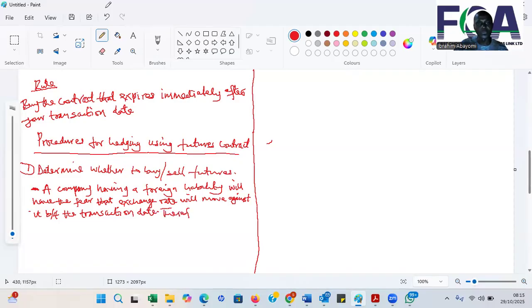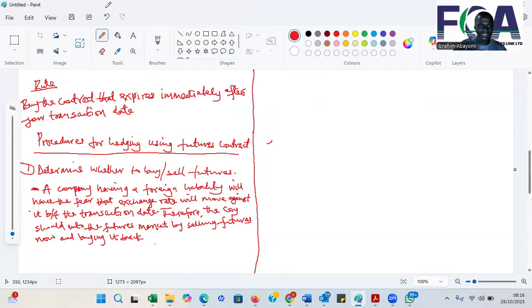Therefore, the company should enter into the futures market by selling futures now, and buying it back in the future.